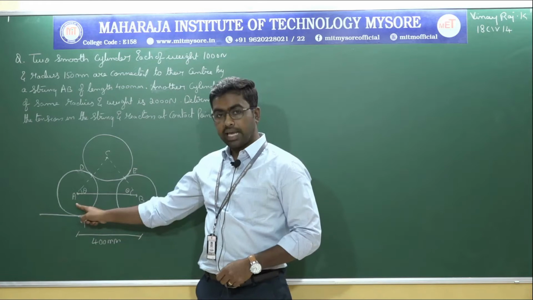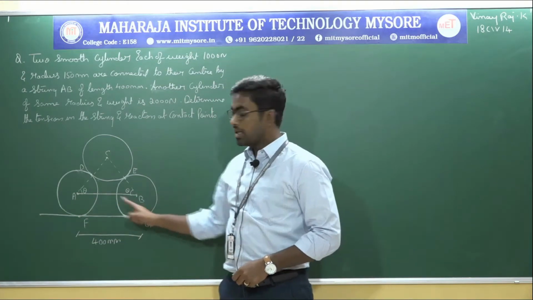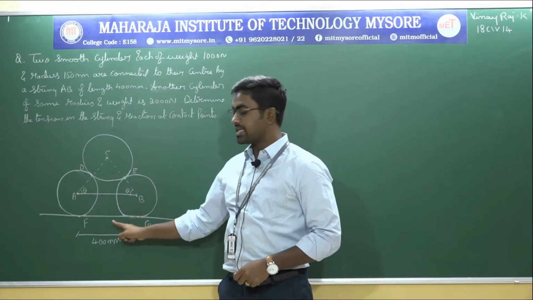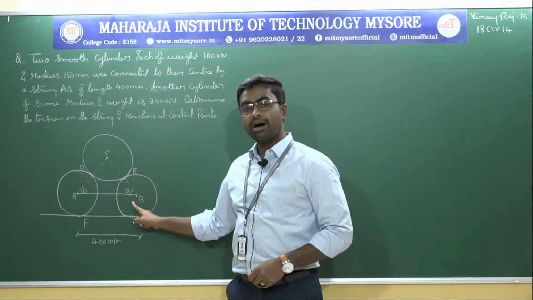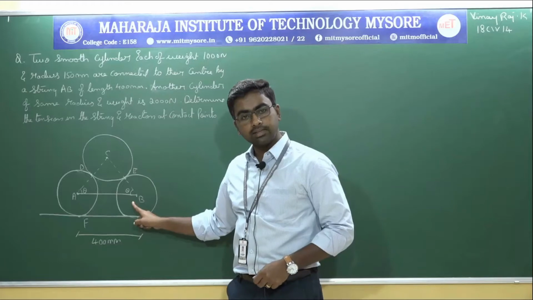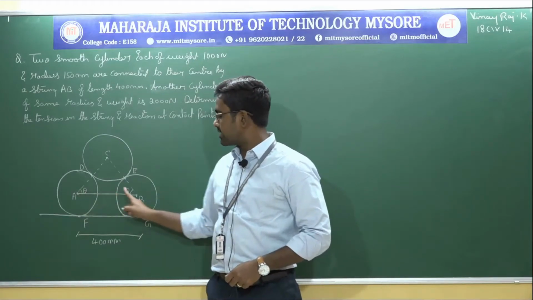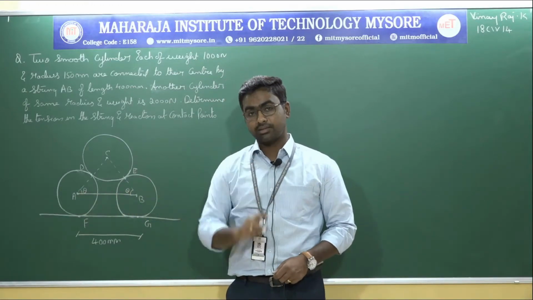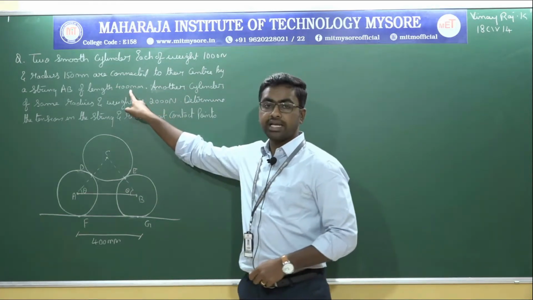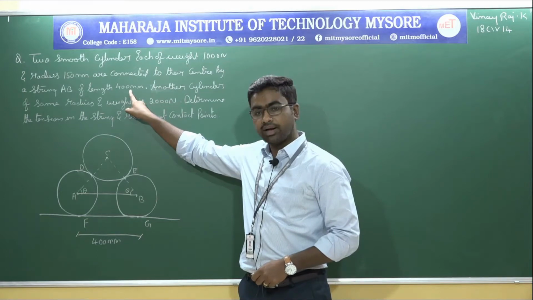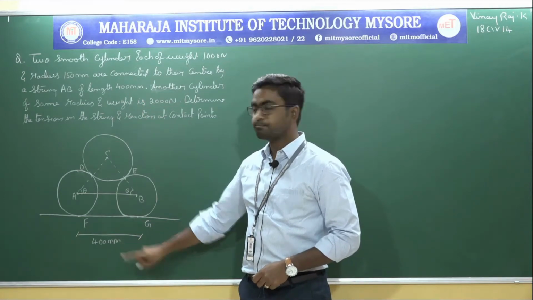This is cylinder A and this is cylinder B. These 2 cylinders are resting on a floor and are tied by a string, and that string is tied to their centers, right? Next, the length of the string is also given, and that is 400 mm. Here it is mentioned in the figure.